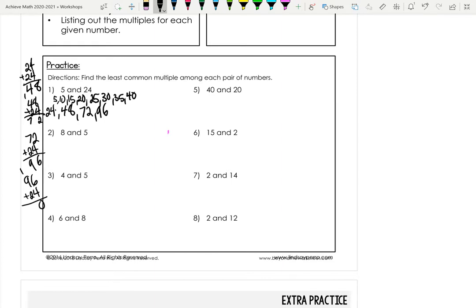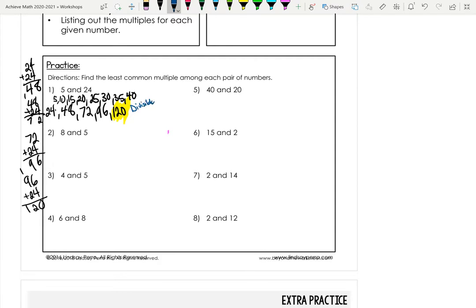9 plus 1 is 10. I'm going to add the 2 now to get 12. Now, I am going to shortcut. When I'm looking at the list of 24, I see that 120 has a 0 or a 5 in the ones place. That means that this is divisible by 5.